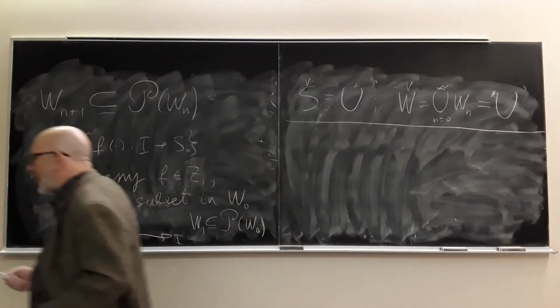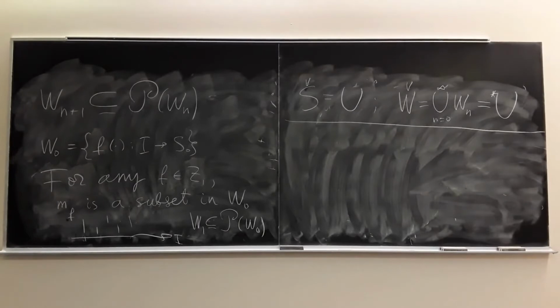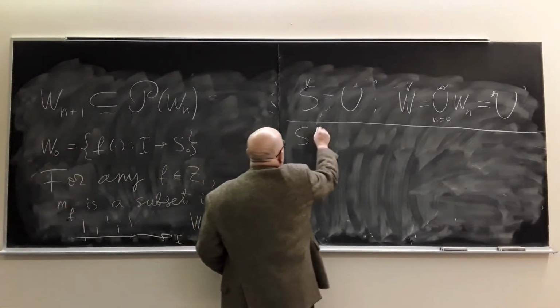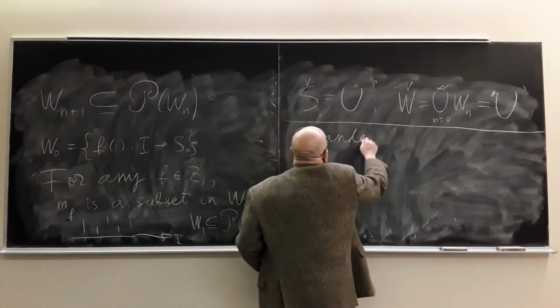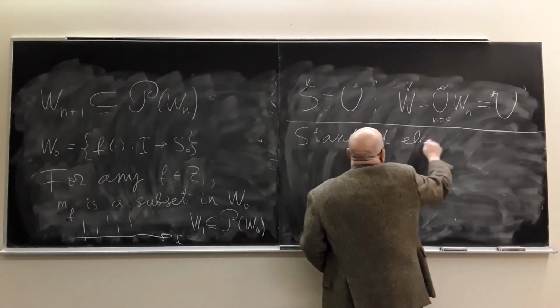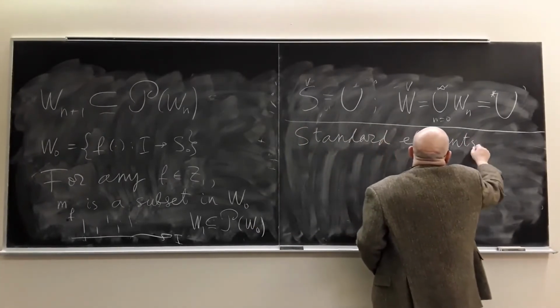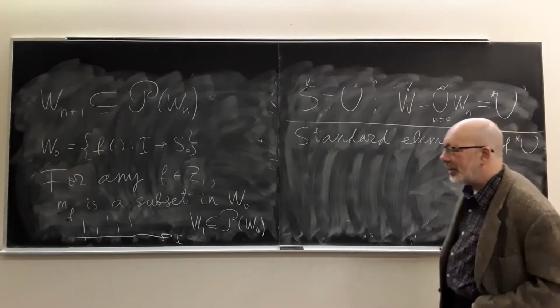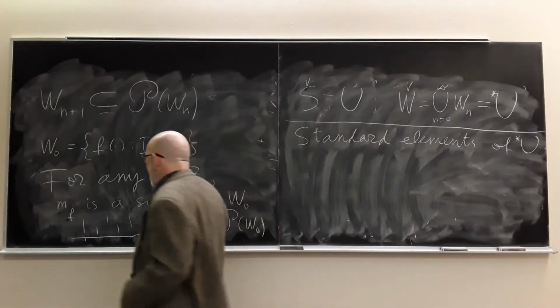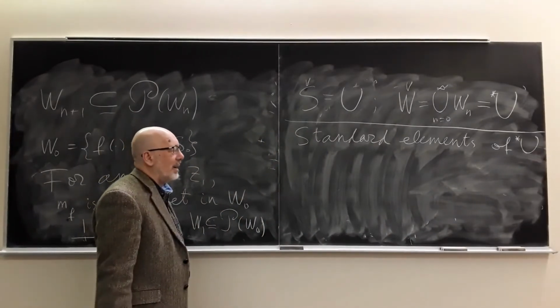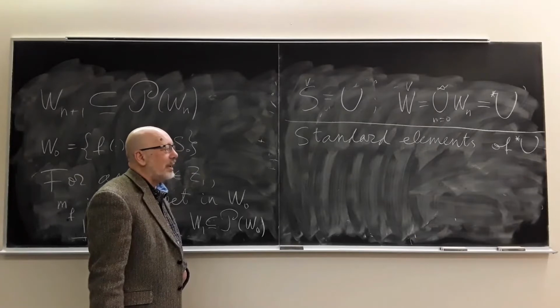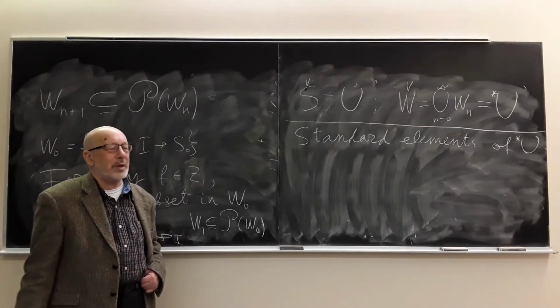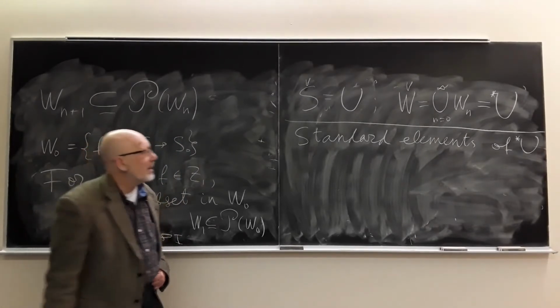Now, among these elements of U star, there are elements which we call standard elements. So what are standard elements? Standard elements are elements generated by constants.